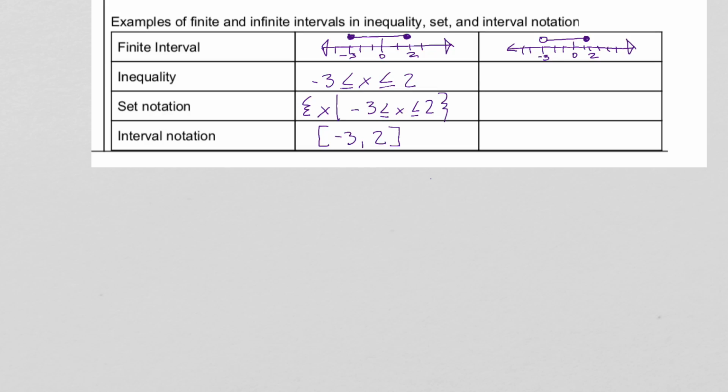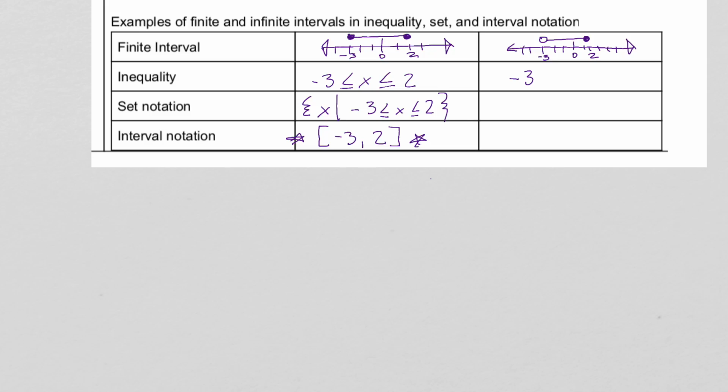And now when you and I are communicating about an answer set, and we're both mathematicians, you'll know exactly what I'm talking about if I list this right here. I'm simply trying to indicate that the answers exist between -3 and 2, and they include -3 and 2 as answers. So let's do the other one here.